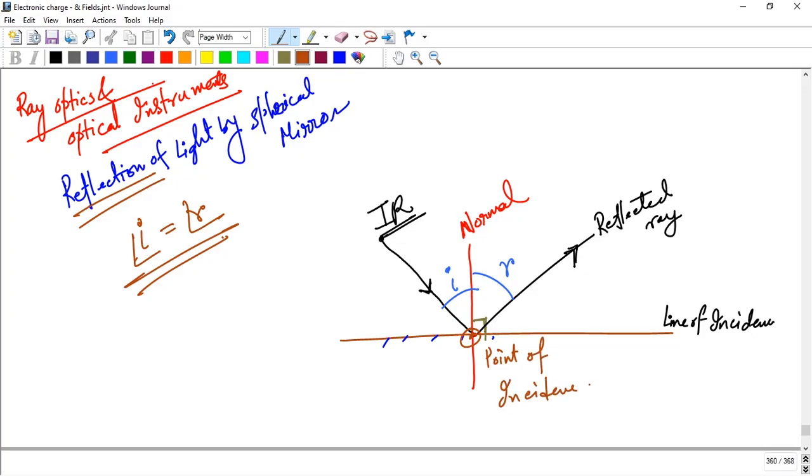But here this mirror is not a spherical mirror, this is a plane mirror, a straight line. This phenomenon is known as reflection.